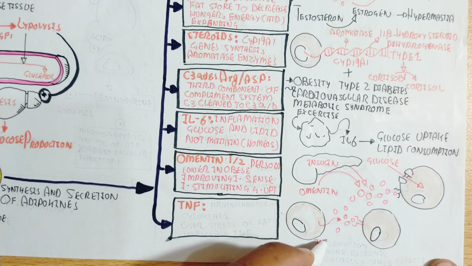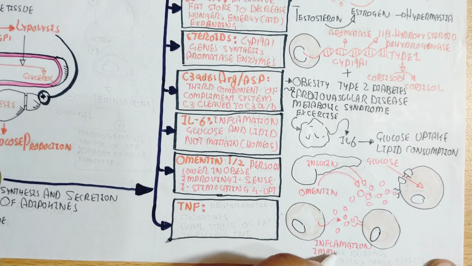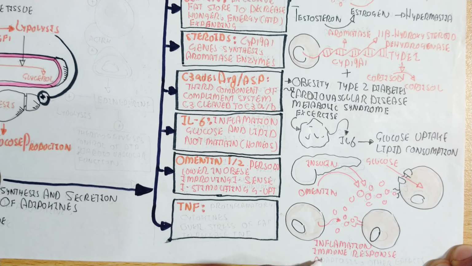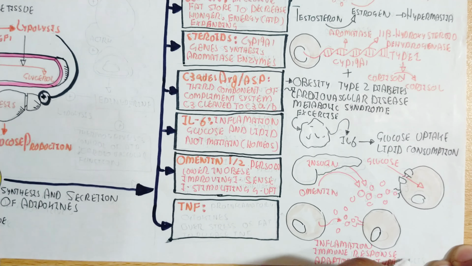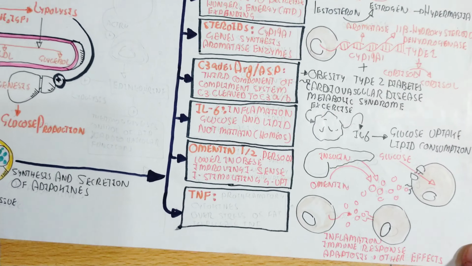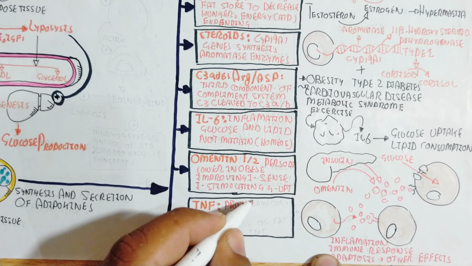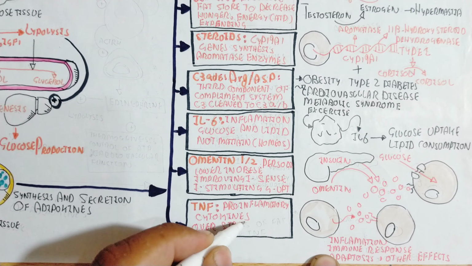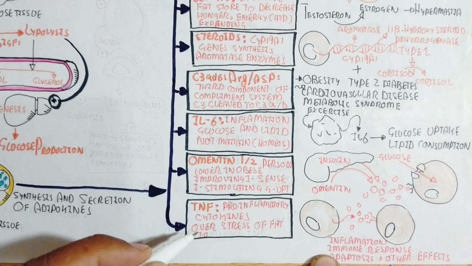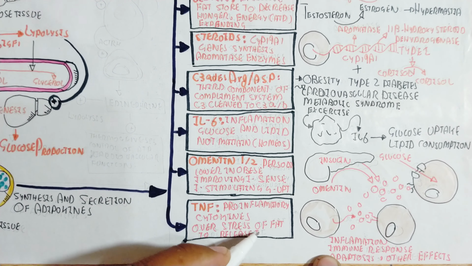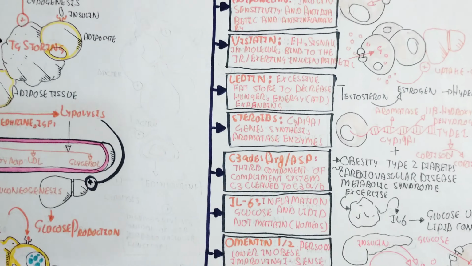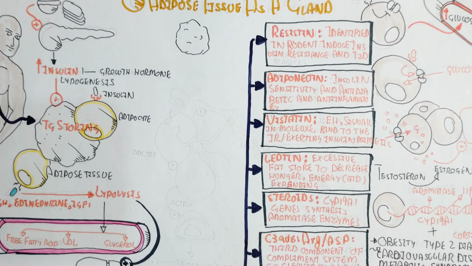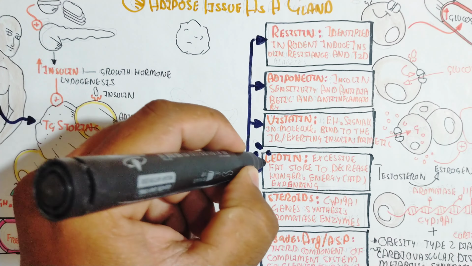In this way, importantly, omentin triggers more insulin production and glucose metabolism increases, and type 2 diabetes mellitus will be prevented. While TNF is a pro-inflammatory cytokine, and the stress of fat releases TNF. So more obesity will increase interleukin 6 and TNF, but not omentin.